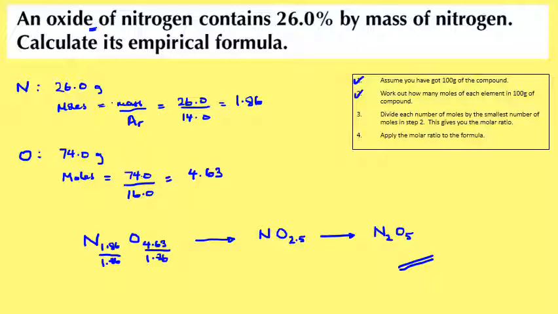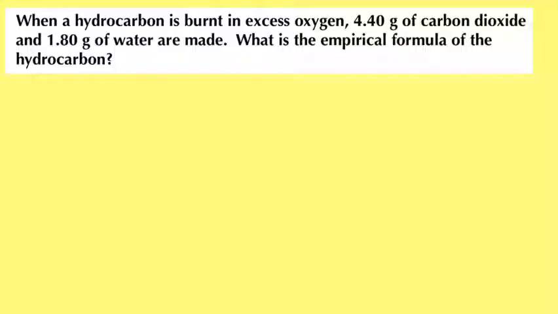So we'll have a look at a couple of questions that might have been exam questions. So here's our exam question, and let's read it carefully. When a hydrocarbon is burnt in excess oxygen, 4.40 grams of carbon dioxide and 1.80 grams of water are made. What is the empirical formula of the hydrocarbon?